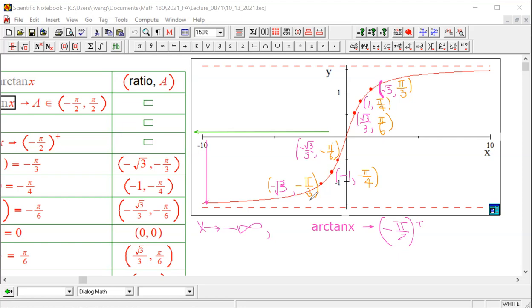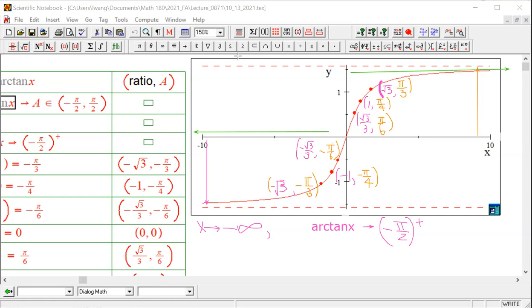Okay, so that's on the boundary. Very likely you're going to use this, especially the other side. Let's see what's happening on the other side. When x is approaching positive infinity, what happens? The angle will approach pi/2 from smaller than pi/2.